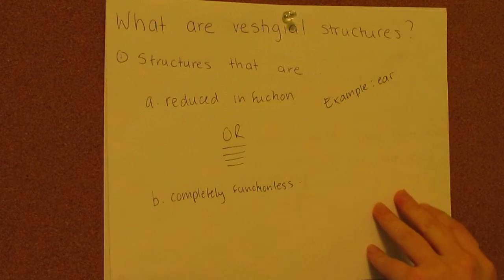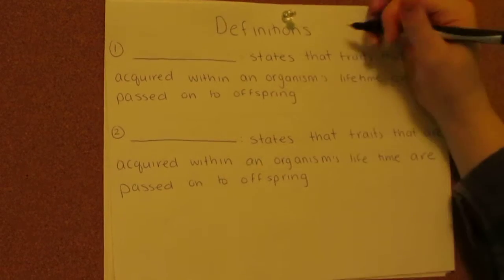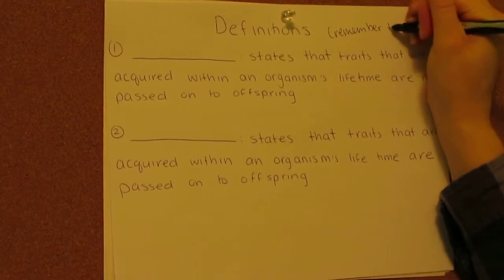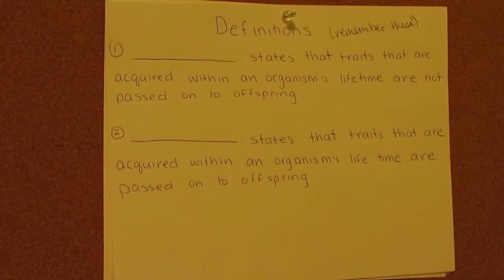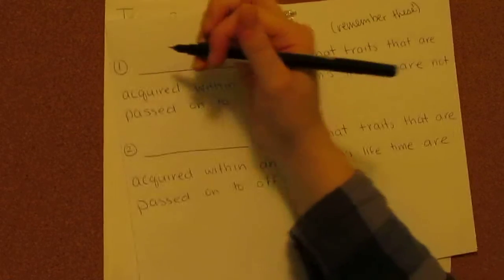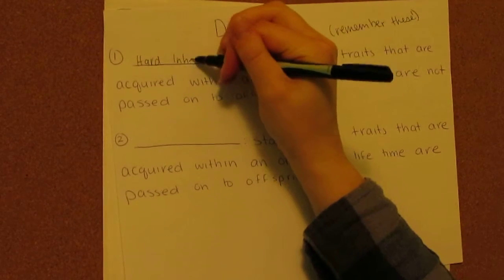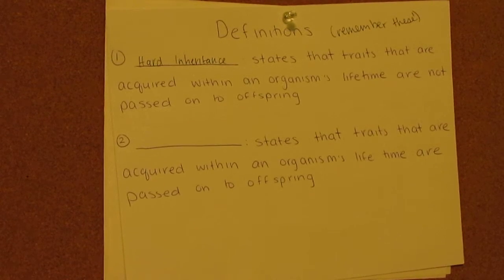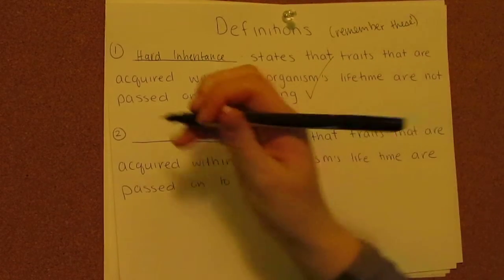Okay. So, some definitions that you might need to know, and you will need to remember these. Okay, so the first one, hard inheritance. This states that any traits that are acquired within an organism's lifetime are not passed on to the offspring. So this one is what actually happens.